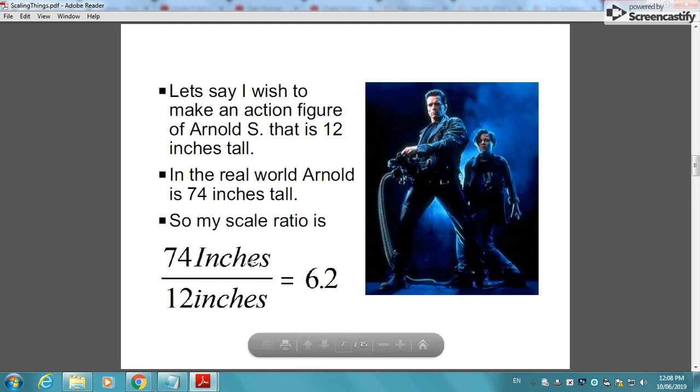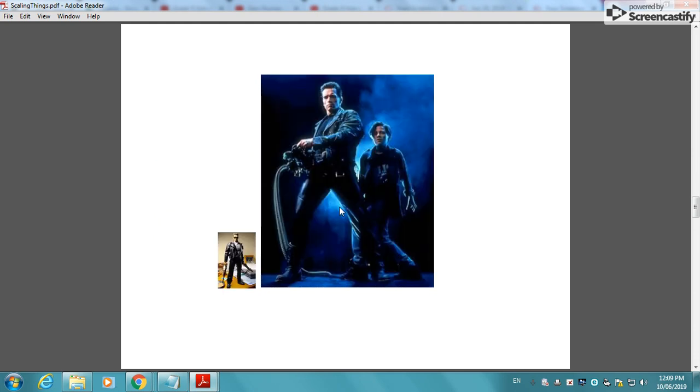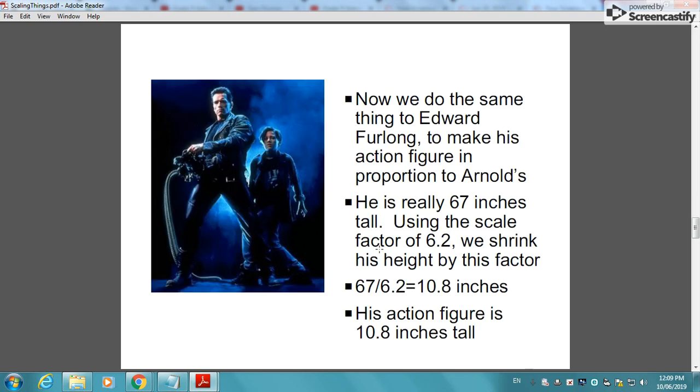What if you inverted this calculation? You would still get a scale ratio, but instead of 6, you will get 1/6. Instead of 10, you would get 1/10. Now, here's my Arnold Schwarzenegger action figure. I want to make one for Edward Furlong to go along with it. So Edward Furlong is really 67 inches tall.